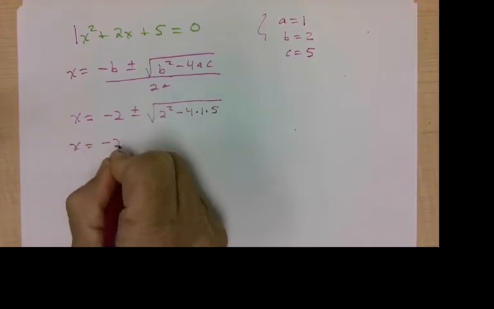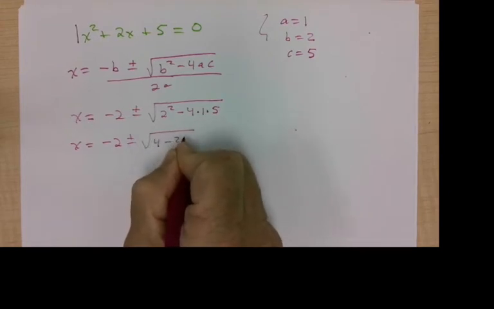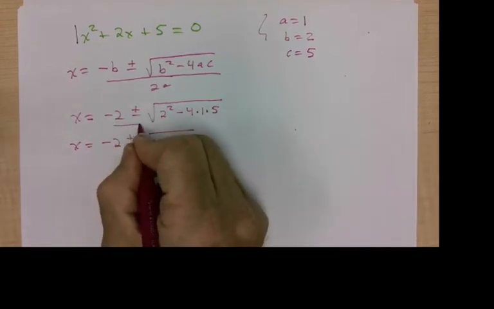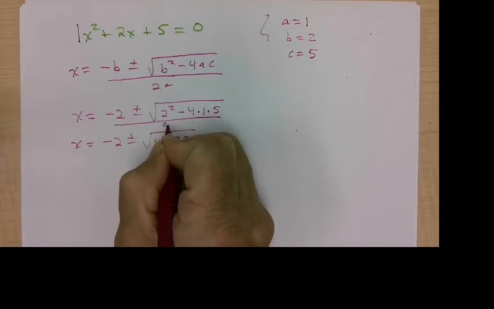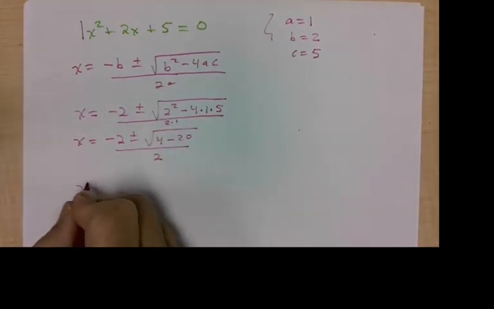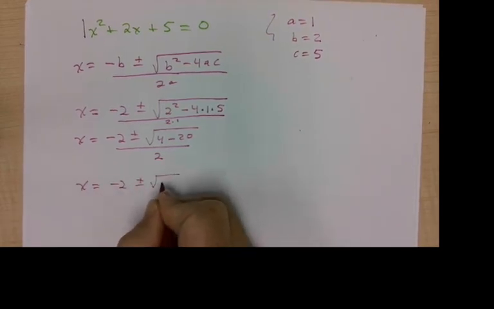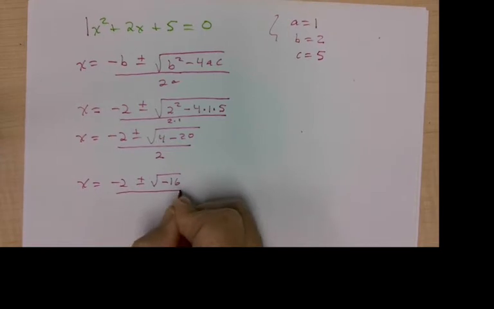So I get x is negative 2 plus or minus the square root of 4 minus 20 all over 2 times 1, all over 2. So I get x is negative 2 plus or minus the square root of negative 16 over 2.